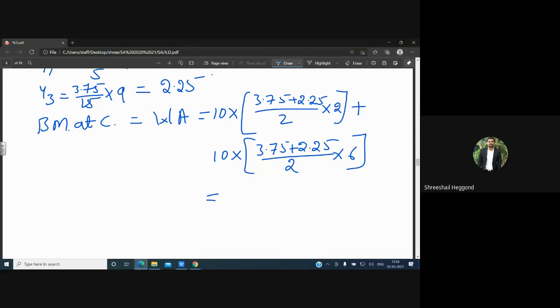Therefore, the total will be how much? The final answer will be how much? Quickly. 240. 240 kilonewton meter will be the maximum bending moment at C point.